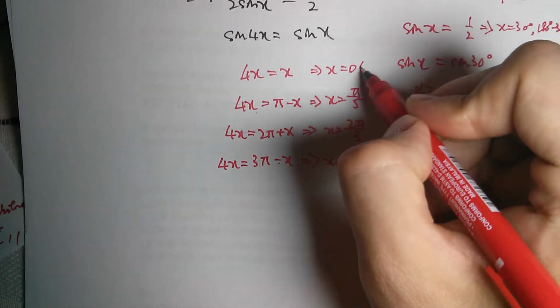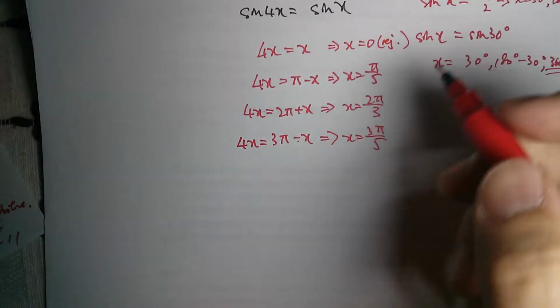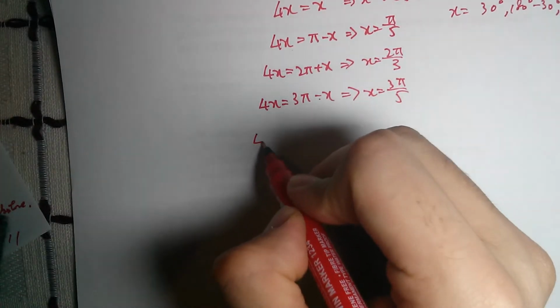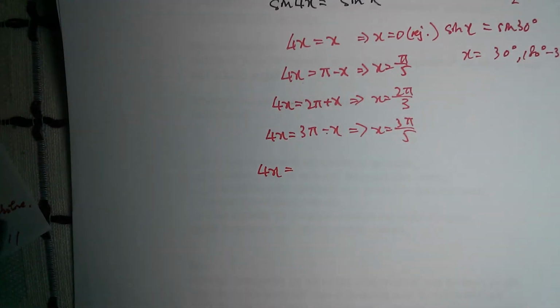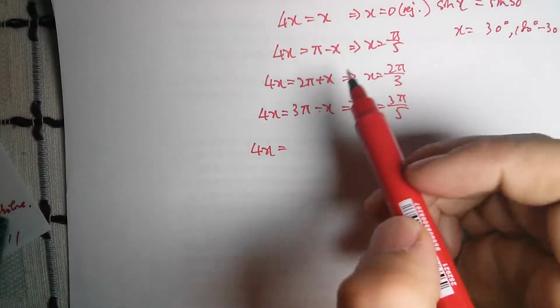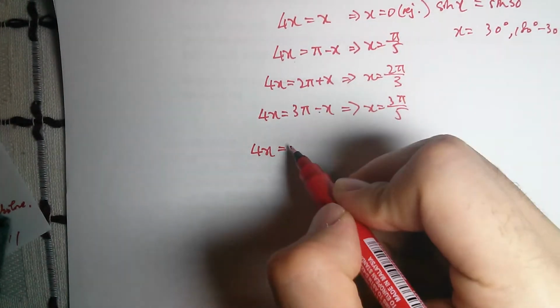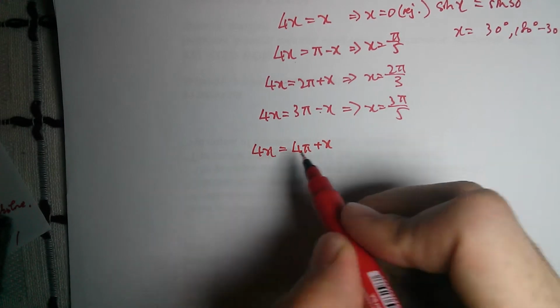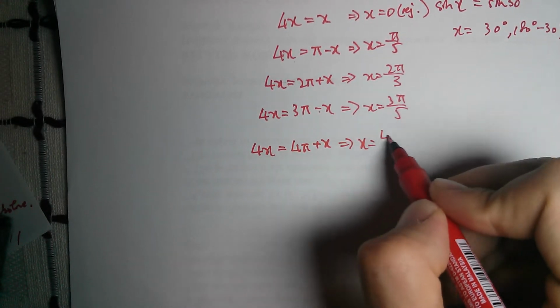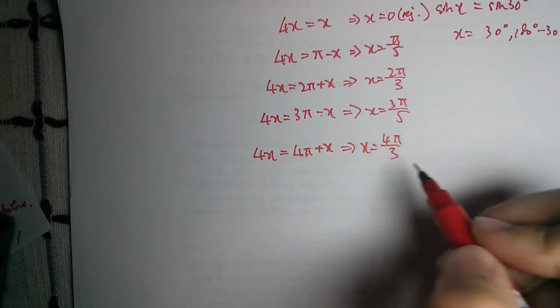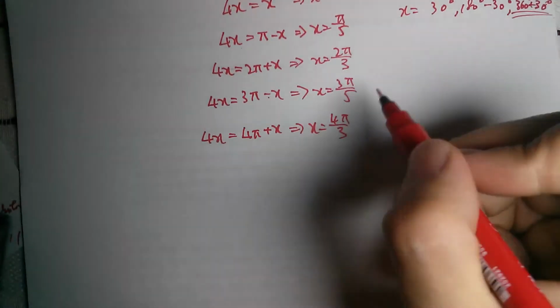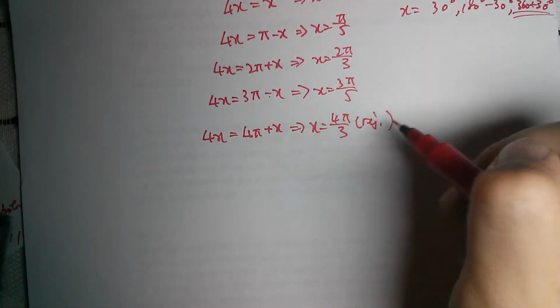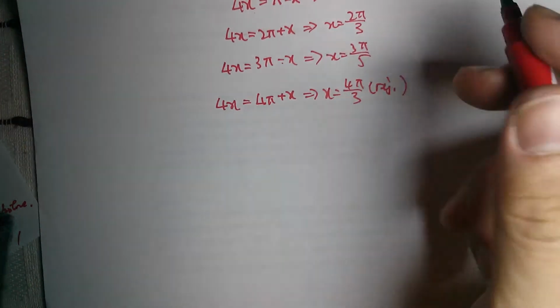Okay, by the way, this doesn't count, it's rejected, the 0 doesn't count, we need to keep trying. Next, we're going to add 2 pi to this one, so it's 4 pi plus x, we minus x and divide, that gives you x equal to 4 pi over 3, which is bigger than pi, it's outside the range, so this is also rejected, that means we can stop.